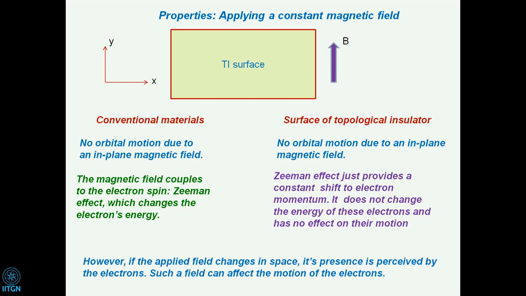Okay, so the point to make is that applying a constant magnetic field parallel to the plane has no effect on the electrons on the surface of a topological insulator. However, it does so through the Zeeman effect for conventional Schrodinger electrons. Is that part clear?